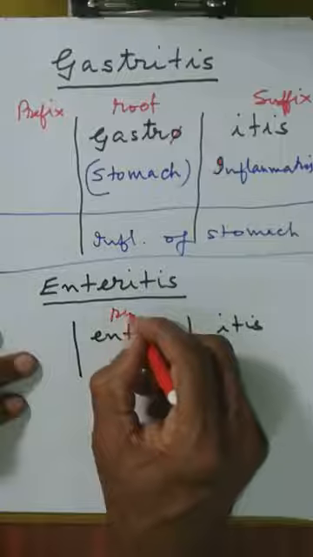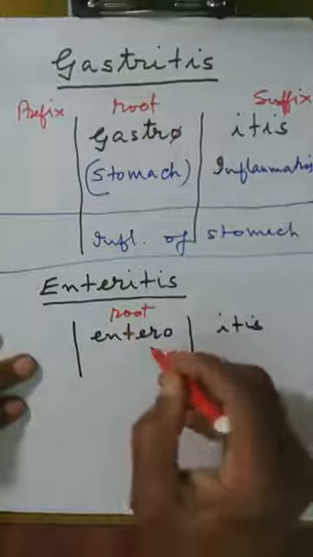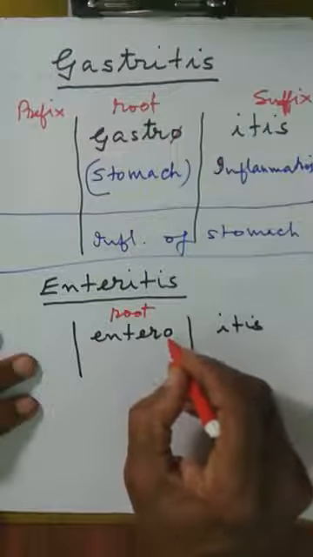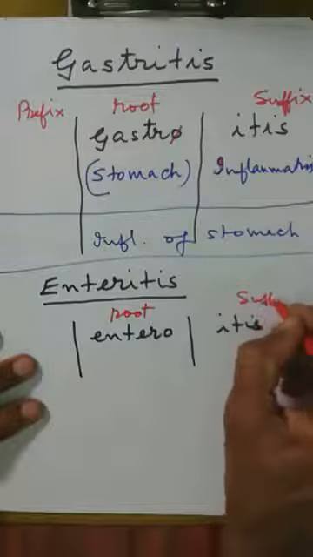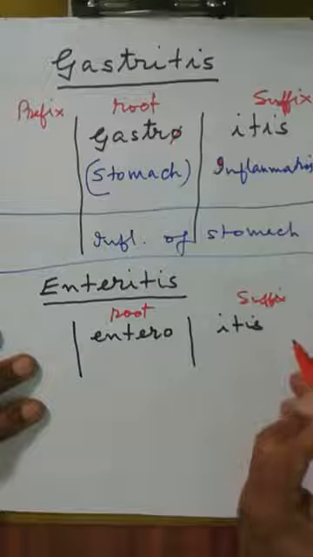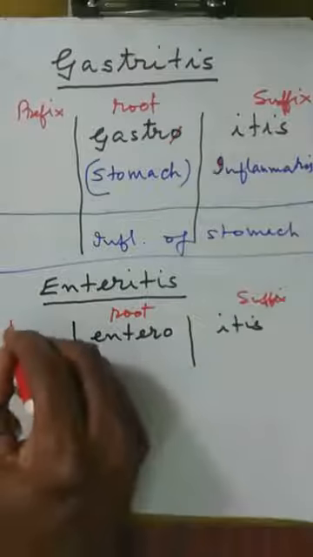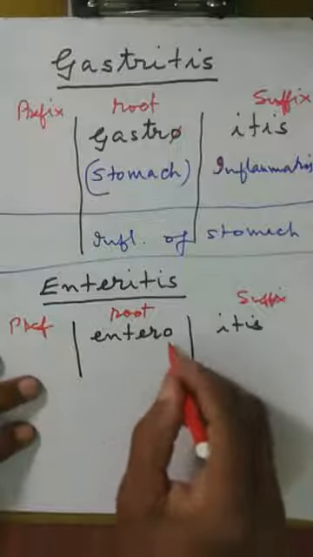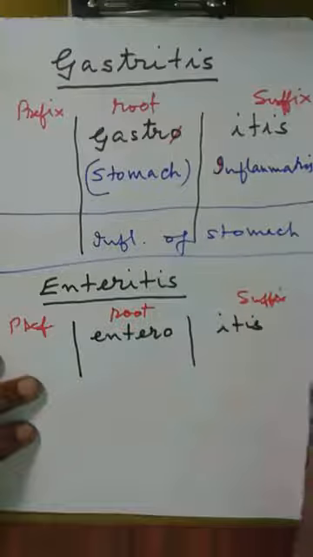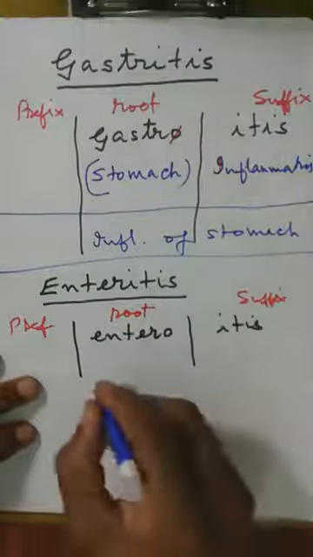So this is the root word, this O is the combining vowel, and this is the suffix. No prefix here.